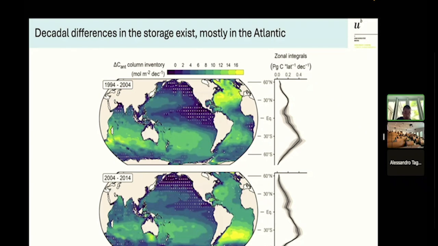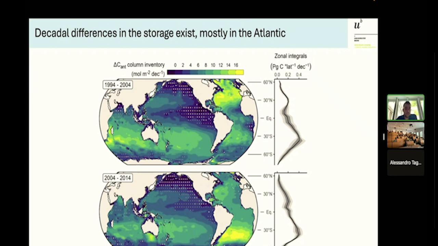But whatever time period we look at, it's always the place where the mode and intermediate waters from the Southern Ocean go to that show the highest uptake. So the general pattern doesn't change that much, but we can still see some large variability, which is important if you want to understand changes on shorter term timescales in the ocean in general.